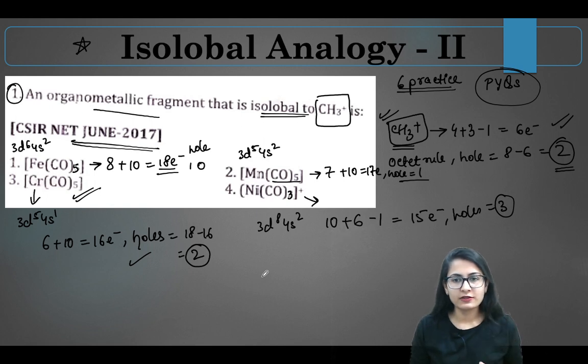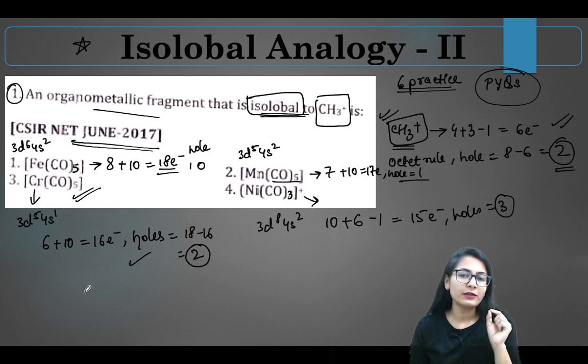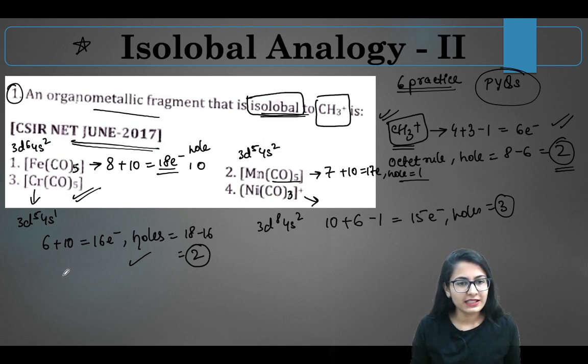Now this was based on the hole analogy. Let me quickly tell you one thing. I got a lot of responses and also one question regarding this: how are we able to know what the frontier molecular orbital is which the complex or the organometallic fragment is going to bring forward? See guys, it is a fragment of an octahedral system, isn't it?